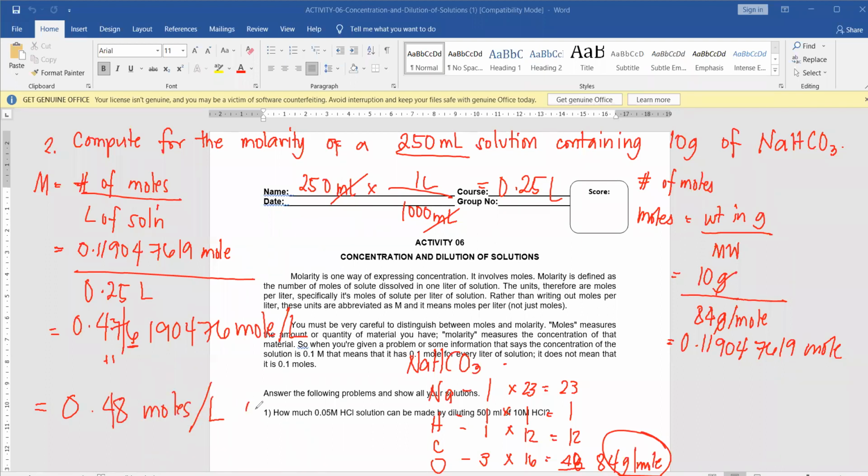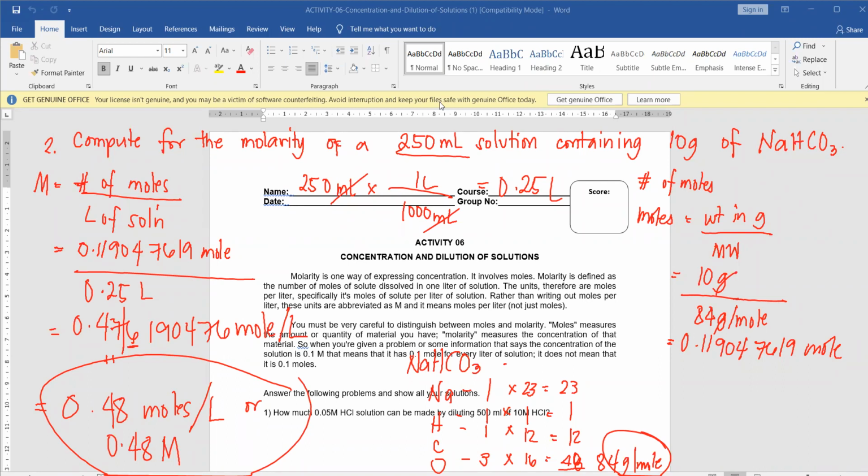Or you can just write, kasi equal lang naman sila, 0.48 capital letter M. So that is the answer for this problem. Okay, very good. Most of you got the correct answer.